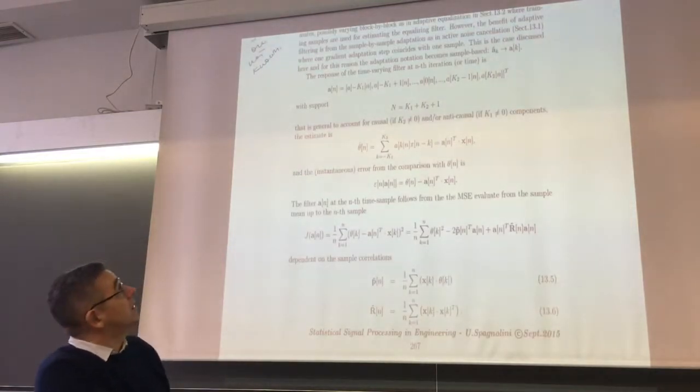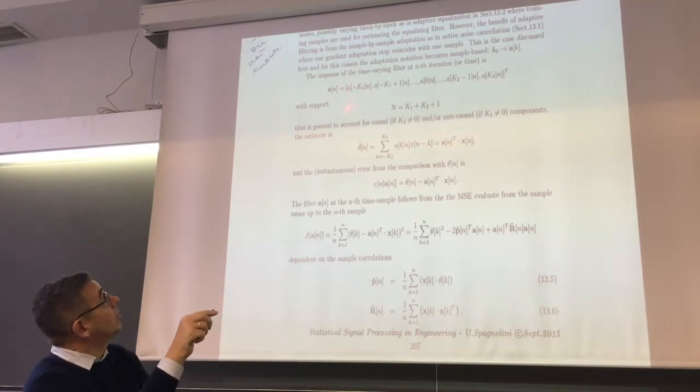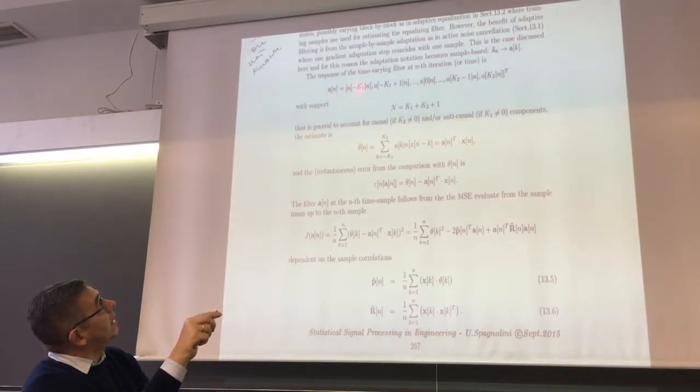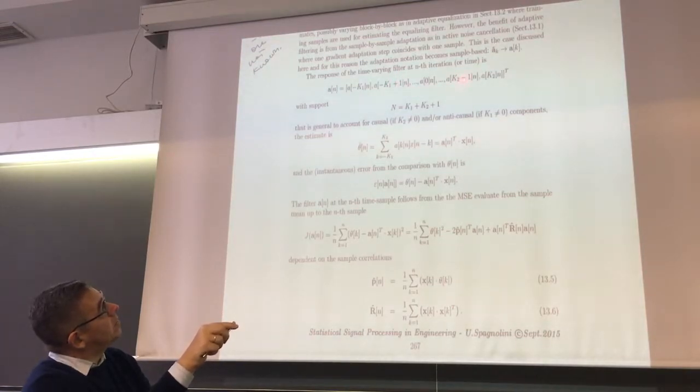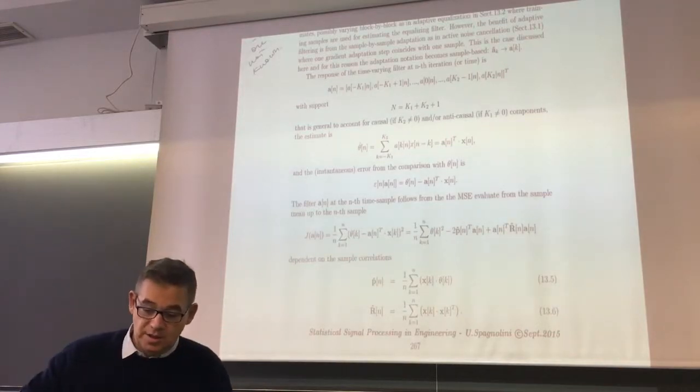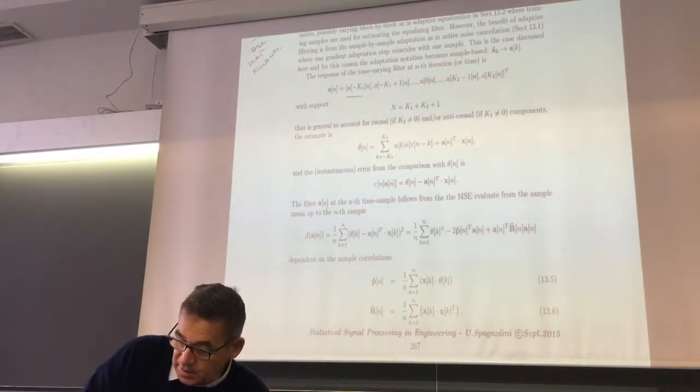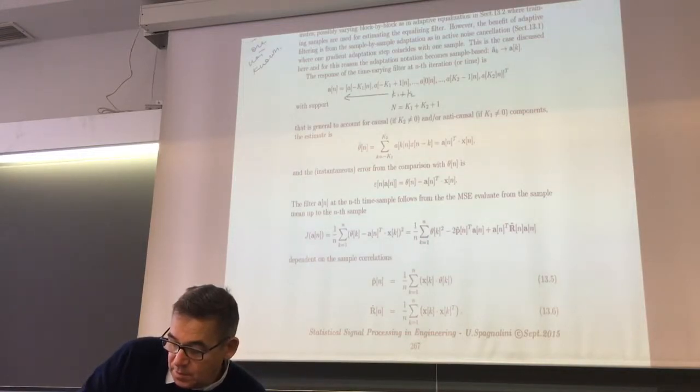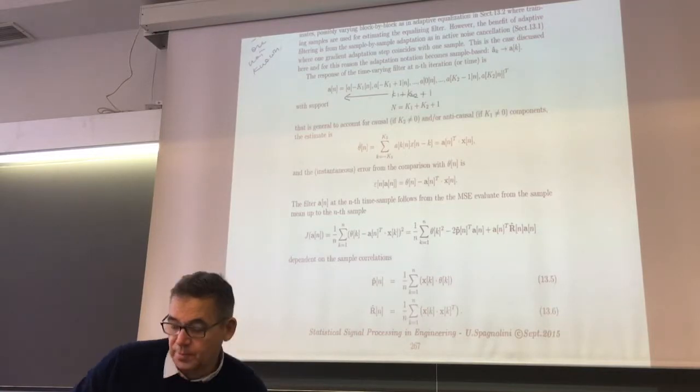Let's consider the coefficients a_n of the filter: a_{-K1}, a_{-K1+1}, and so on, up to a_{K2-1} and a_{K2}. So the filter has length K1 plus K2 plus 1.